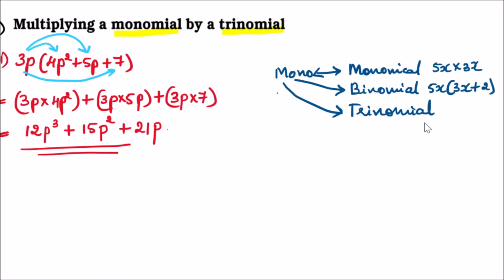Such type of problems. Trinomial is 5x into 3x plus 2x plus 1. So such type of examples you can see. So here there is no need of using distributive law, but if a monomial is multiplied by a binomial, or a monomial is multiplied by a trinomial, then you have to use the distributive law and simplify. Clear? So this is very easy.